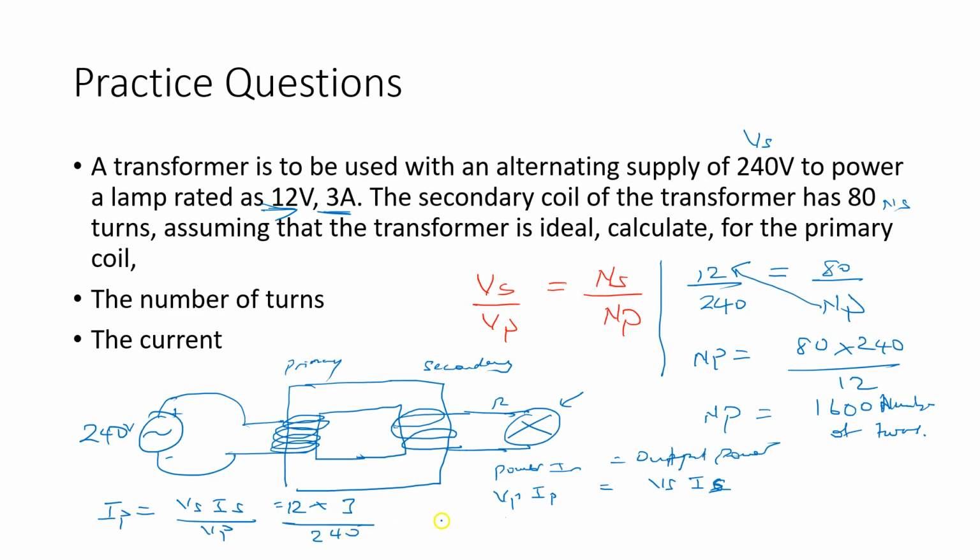We're seeing that IP is equal to 0.15 amps. So that's our current, and that is expected. That current should be lower than what is at the output. So that's pretty much what we need to do here.